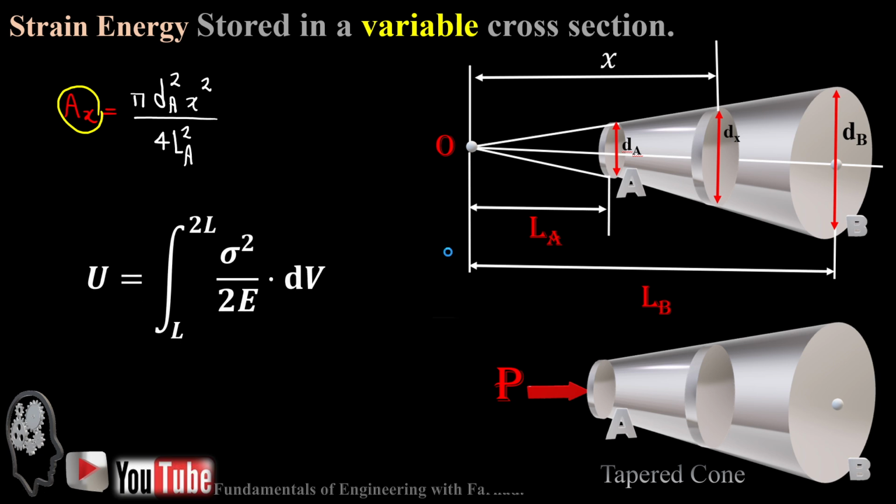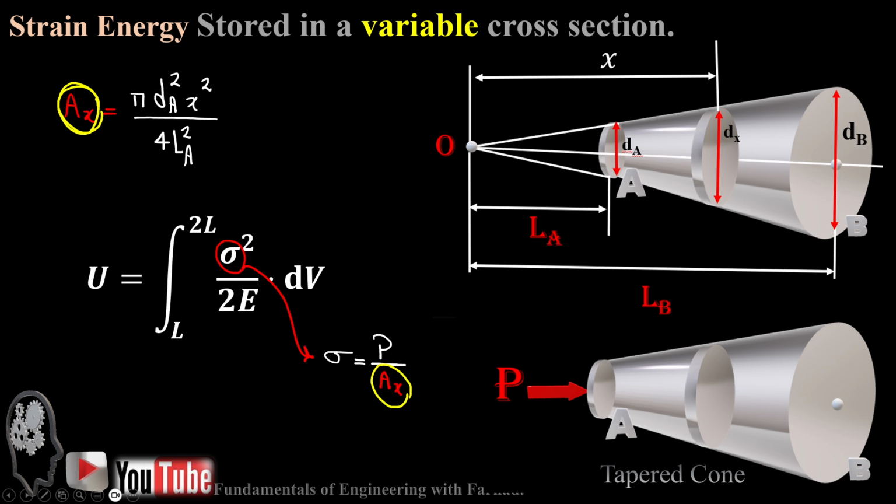The formula for strain energy stored in a variable cross section is U, capital U, equal to the integration. Our limits of integration are L, like LA is equal to L, and LB is equal to 2L based on the problem statement. And then sigma squared over 2 times the modulus of elasticity, times dV, a volume element.